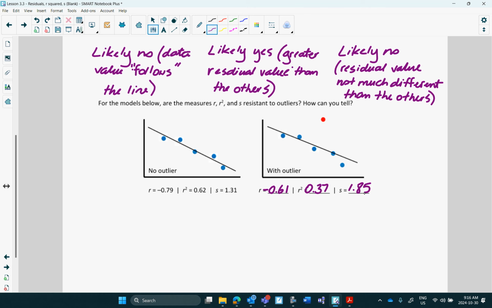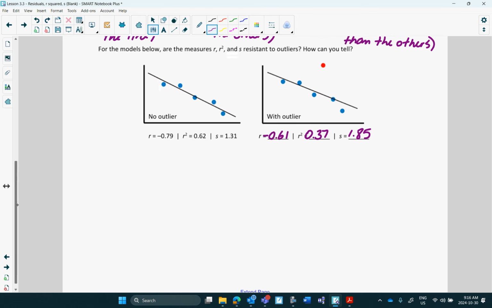Good. So that's what you should be familiar with to see the relationship like that. So we can say each value changed significantly when the outlier was introduced.